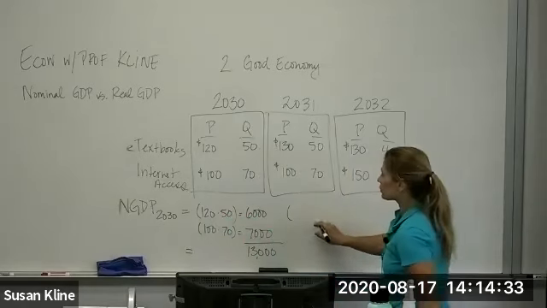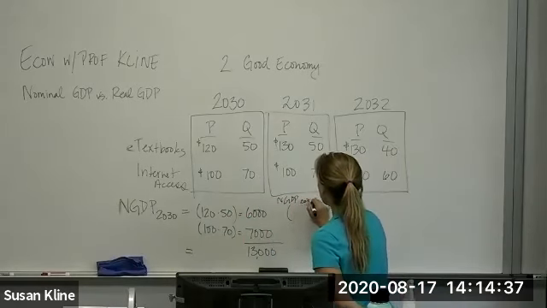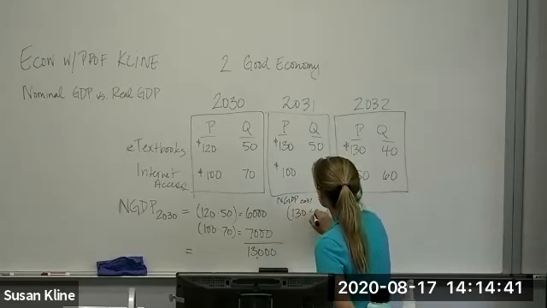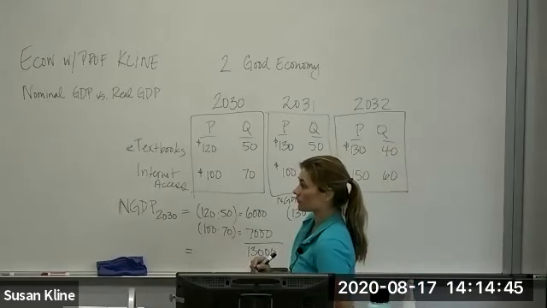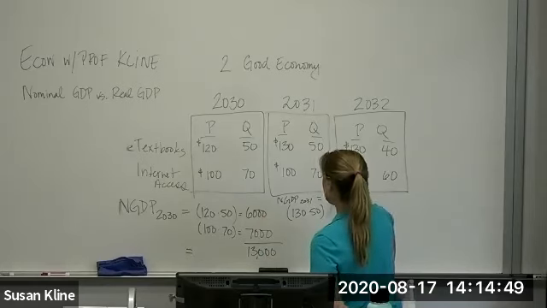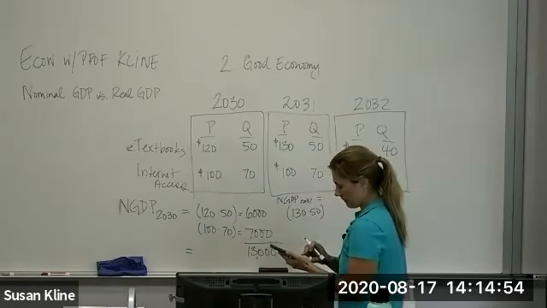So nominal GDP for 2031 is going to be 130 times 50. In this case, it's an extra $10 for 50 textbooks, so it should be 6,500. Let's just double check. It's always good to double check.